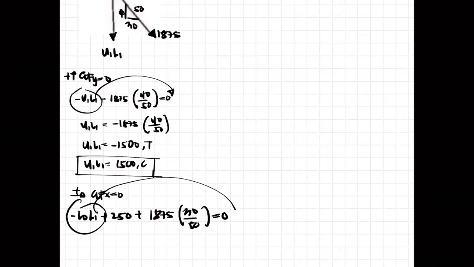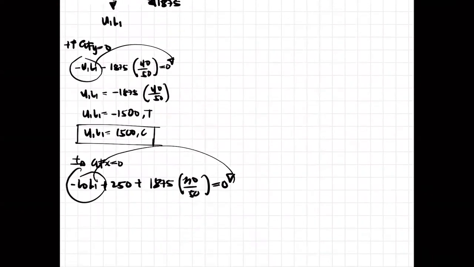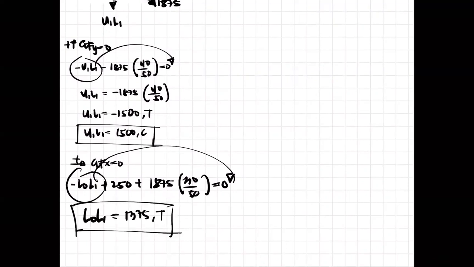So, transpose sa kabila, we have LO L1 is equal to 1375. Okay, 1375 tension. Okay. So that is our 8th member.